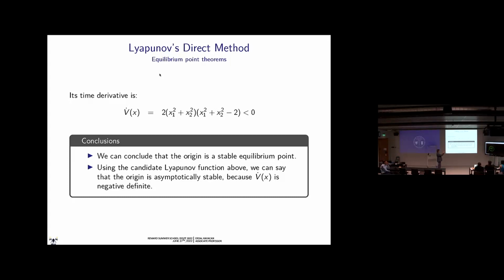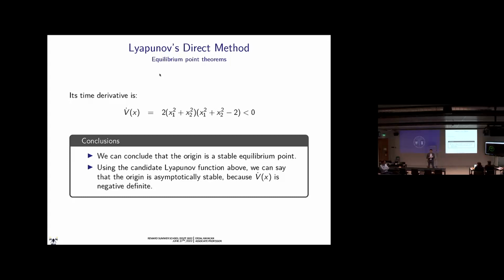If V dot x is smaller or equal than 0, you say locally stable, but if it is smaller than 0, then you can say asymptotically stable. So now in our definition, we have made a difference between Lyapunov sense of stability and asymptotic stability. And it just depends on whether it is smaller or equal, or strictly smaller. If it is smaller than 0, you have asymptotic stability.